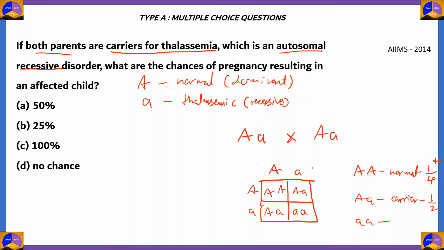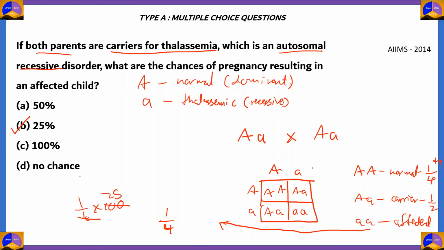While small a, which is the affected child, has a probability of 1/4. So that means there is a 25% chance of a pregnancy resulting in an affected child, because 1/4 times 100% would give you 25. So option B is the right answer.